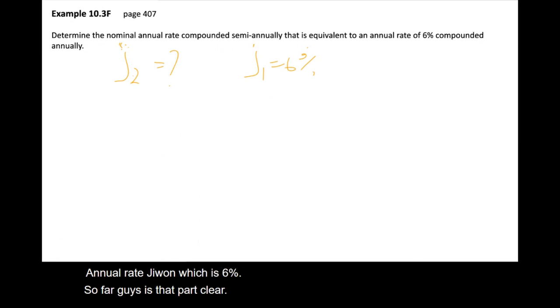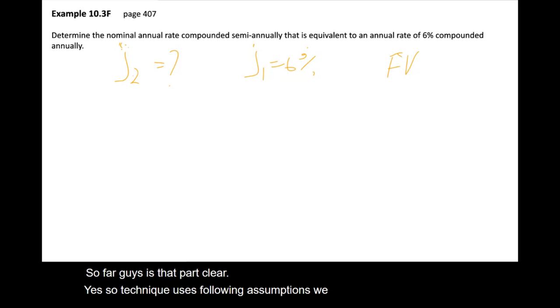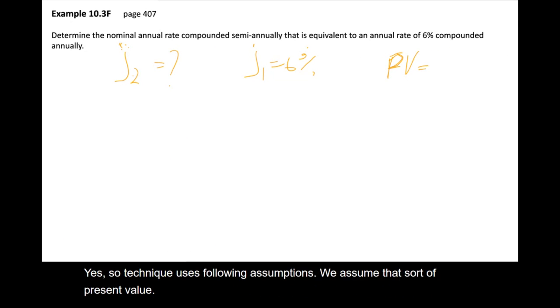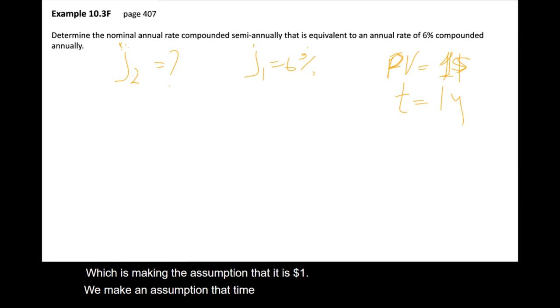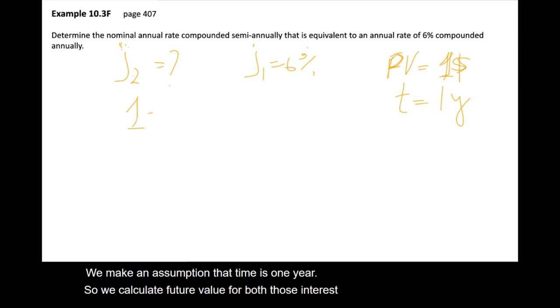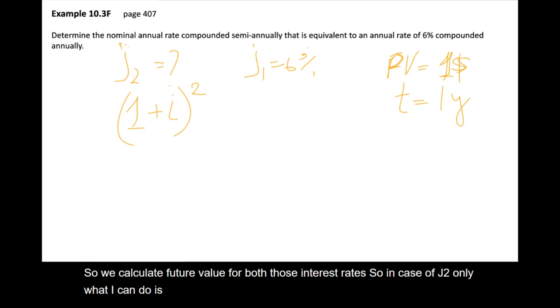Yes. So the technique uses the following assumptions. We assume that present value is $1. We assume that time is 1 year. So we calculate future value for both those interest rates. So in case of J2, what I can do is this.